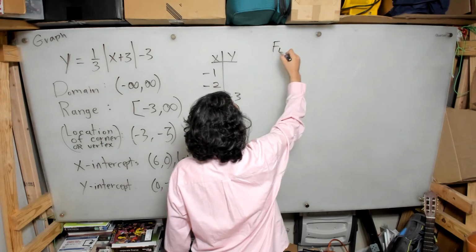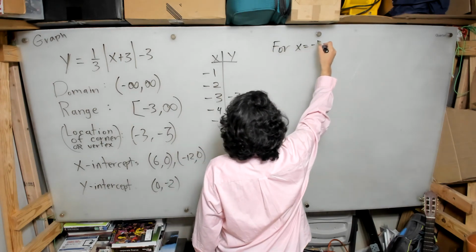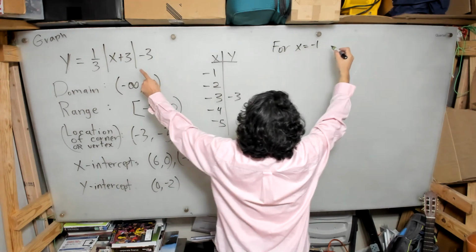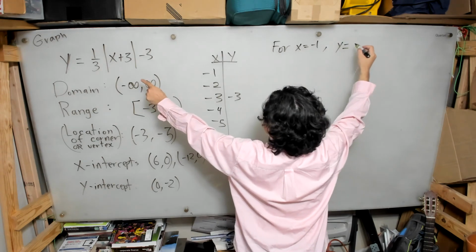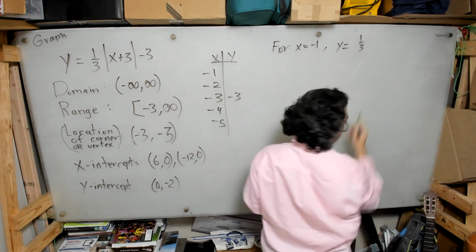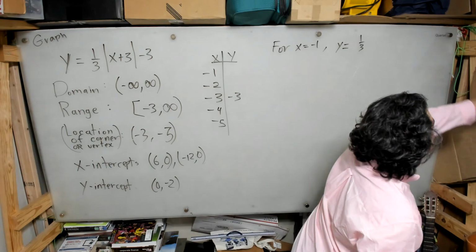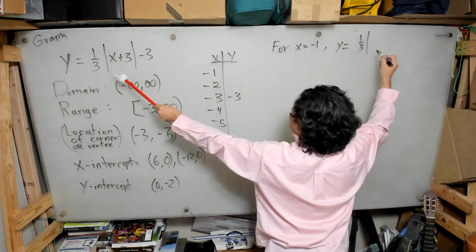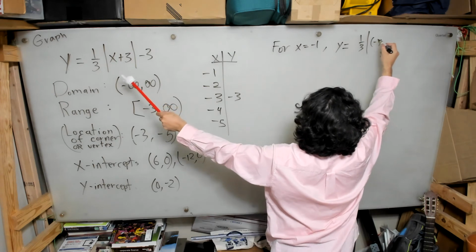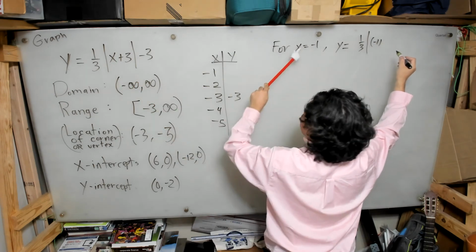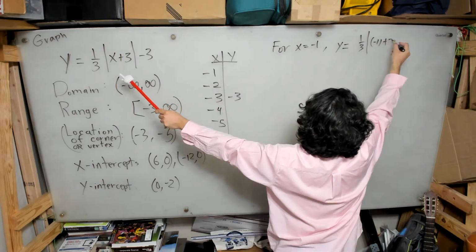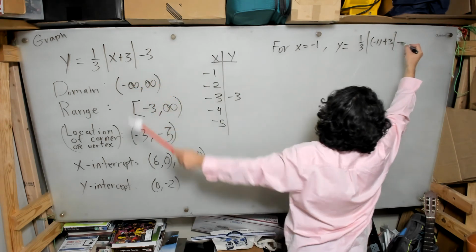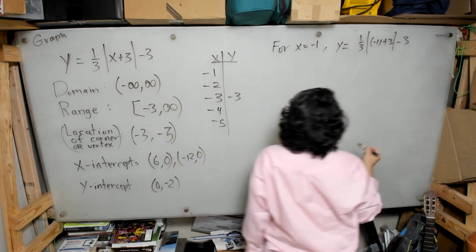So for x equals -1, my y will equal 1/3, right, from here, times the absolute value of -1 in the place of the x, plus 3, minus 3. Okay.